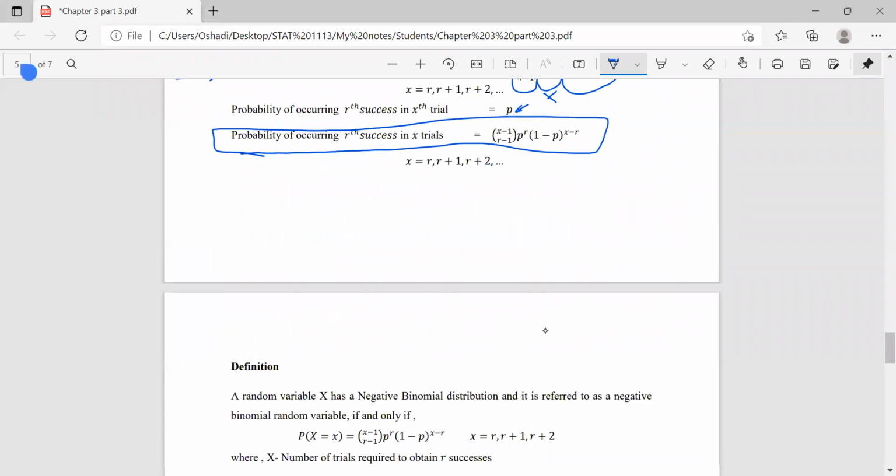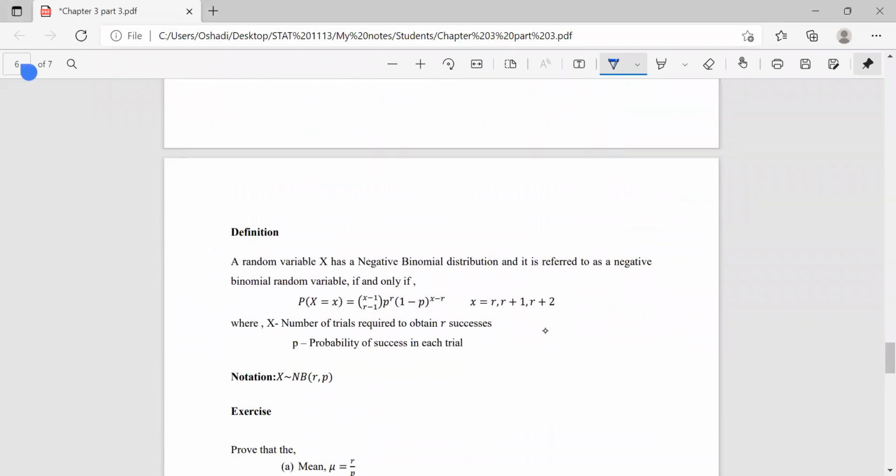Then we can write it as a definition now.